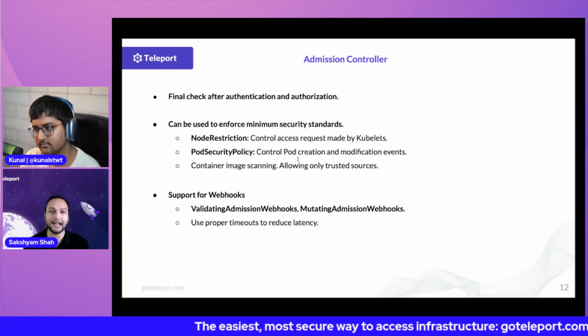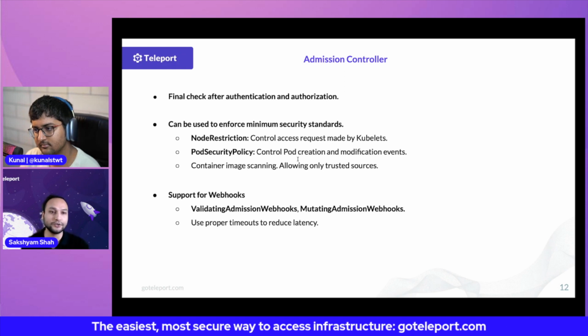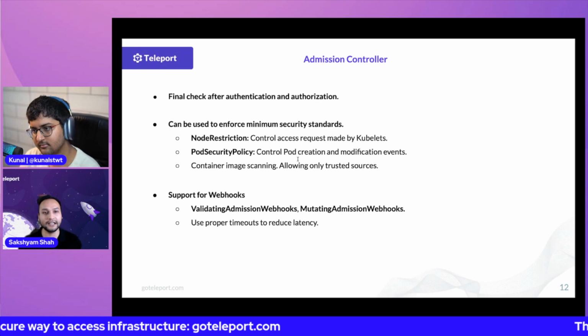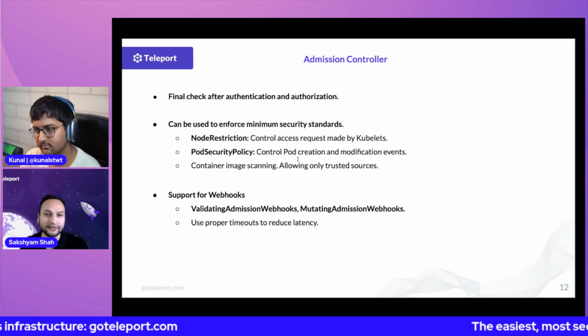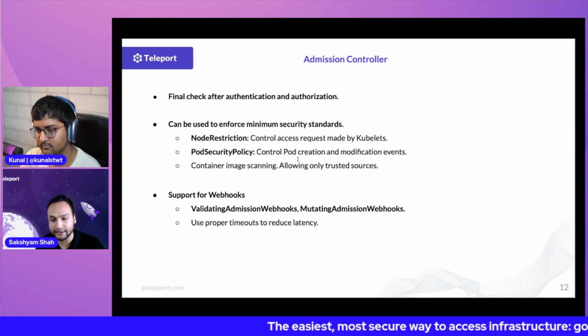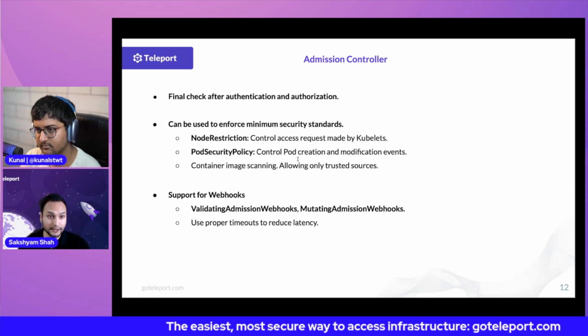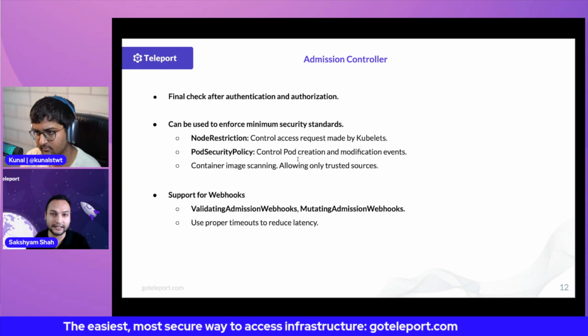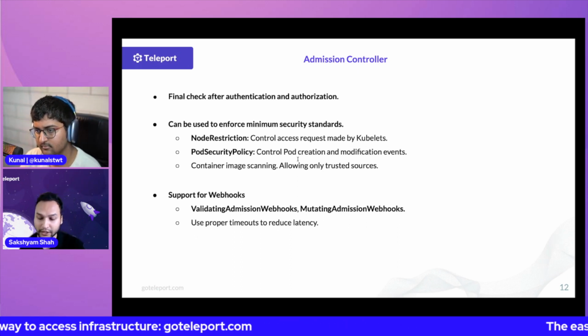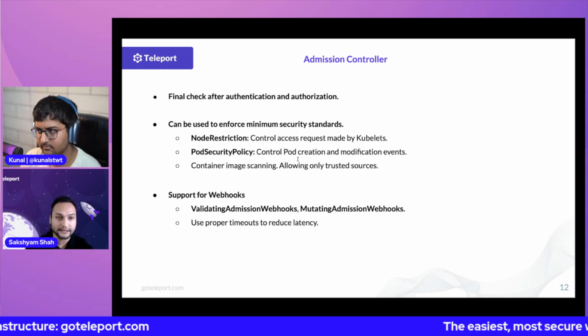Admission control lets you check in the last phase and verify that even though the request is authenticated and authorized, it isn't going to act maliciously on your Kubernetes cluster. There are many admission controllers available and offered by Kubernetes, and you can build one yourself.